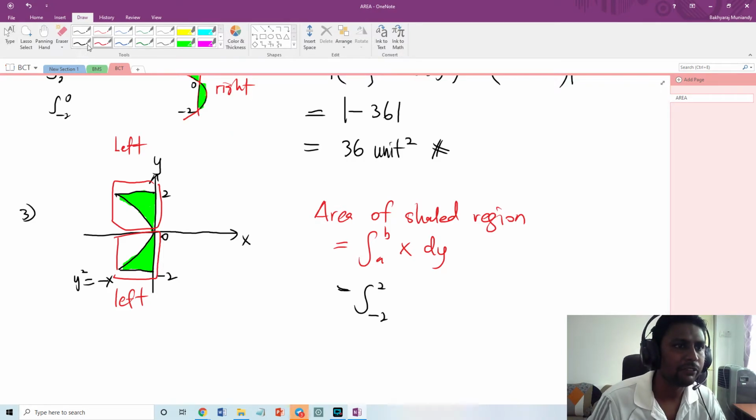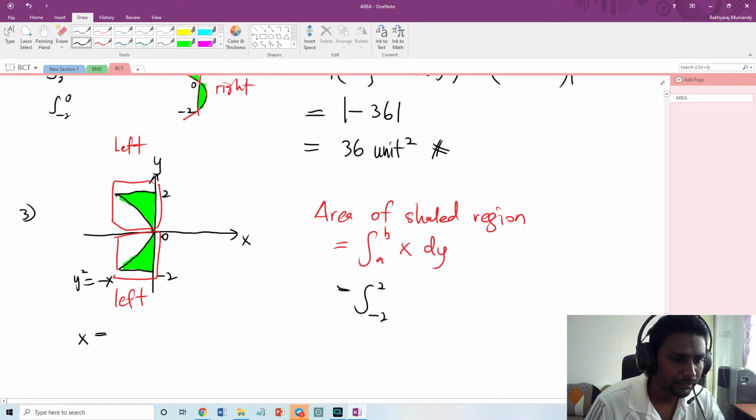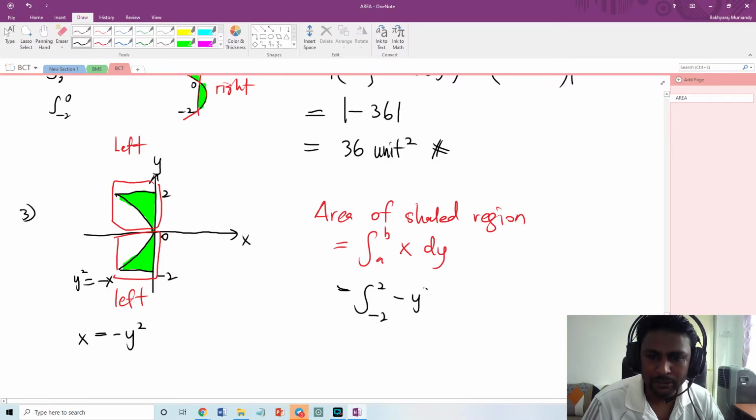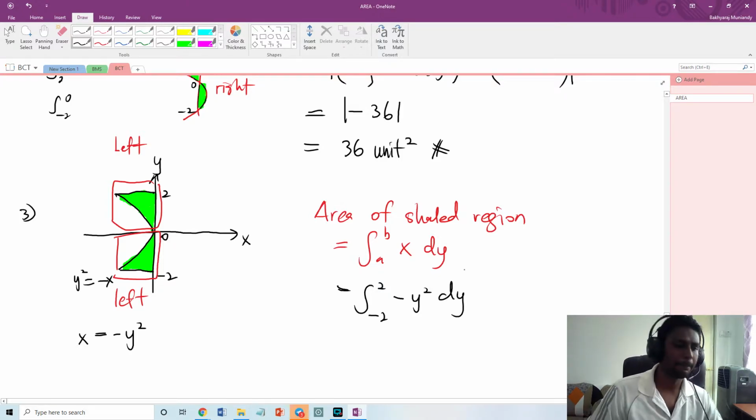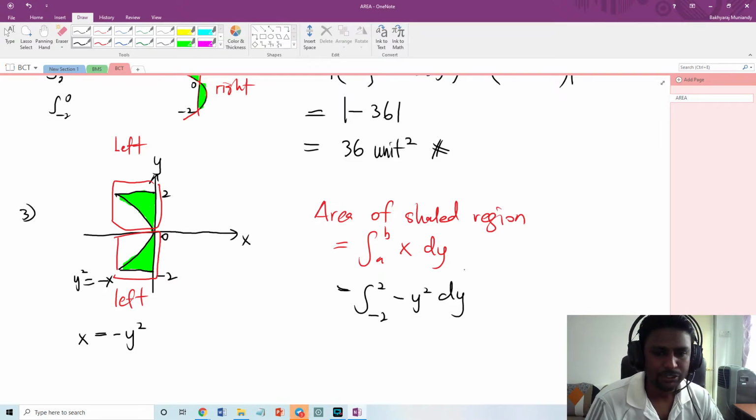What is our formula? Our formula is y square equals to -x. So I want x. X will be what? Correct, negative y square. So I can straight away put here negative y square dy.